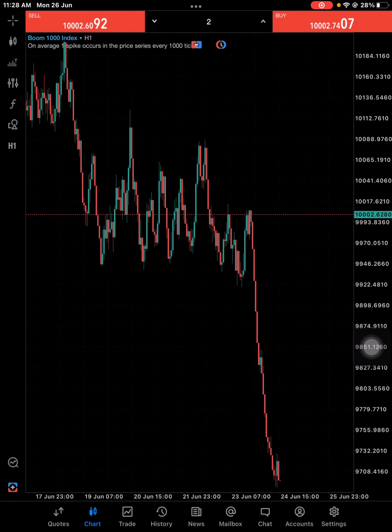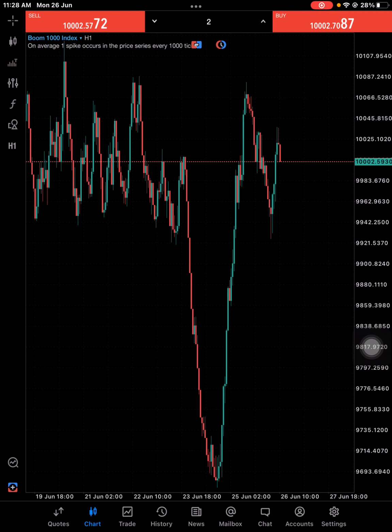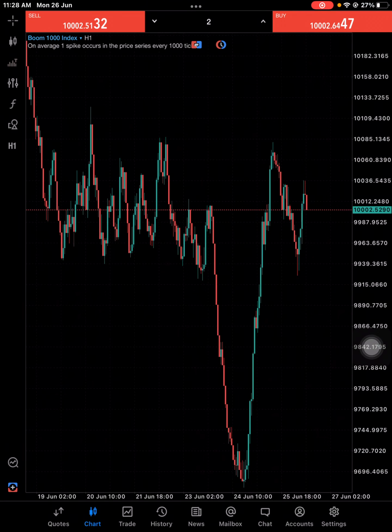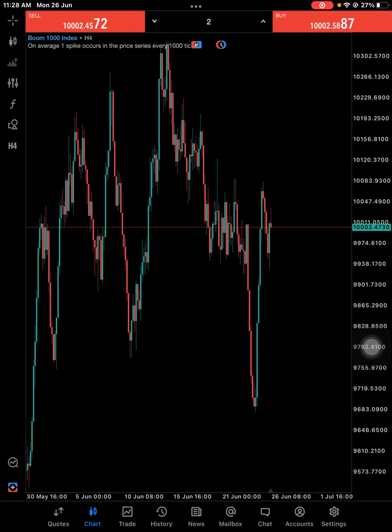So this is Boom 1000. Let's see. All right. You can see the market continue downward. And already we have the market breaking above here. But don't be deceived. The market fails. It doesn't actually succeed. This is very important.